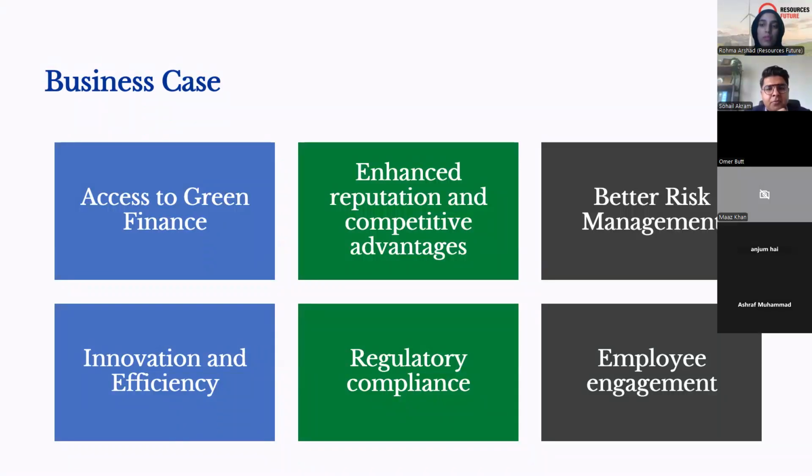Then more data-driven information for boards and managements would give them opportunity to align their long-term sustainability goals. Sustainability reporting also ensures adherence to global and local sustainability requirements, which will reduce the legal and reputational risks.